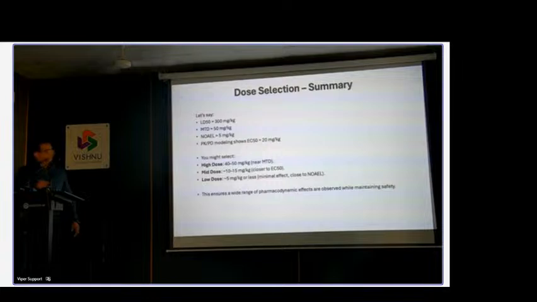The lowest no observed adverse effect level is at 5 mg, and your PKPD modeling, based on the EC50 value and receptor interactions, shows 20 mg, I mean the effective concentration at 20 mg. So you might select a high dose close to the MTD, that is 40 to 50 mg, a mid dose of 10 to 15 mg between these doses, and a low dose around 5 mg per kg.